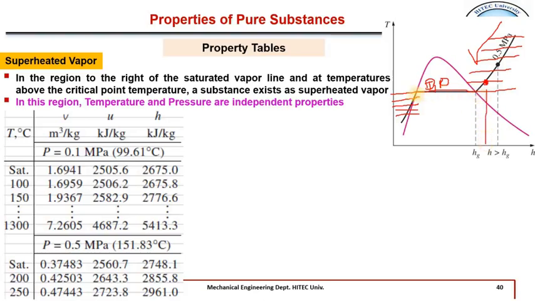In the saturated region, for one particular temperature and pressure, there were two v's, one was vf, the other was vg, or hf, hg, uf, ug. But here, for any fixed point intersecting this pressure line, for any particular temperature and pressure, there is one fixed value of u, v, and h. So there is no more uf, ug, vf, vg, or hf, hg.